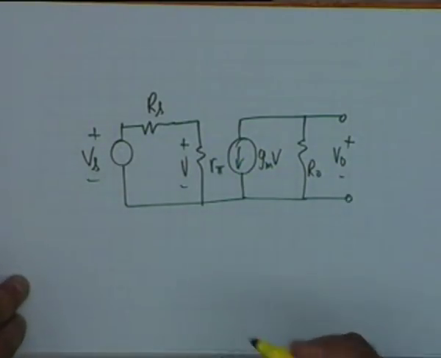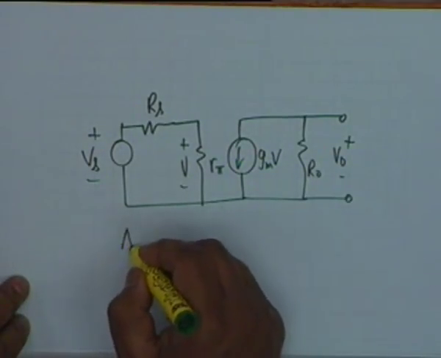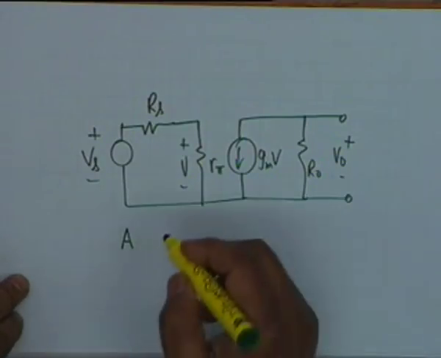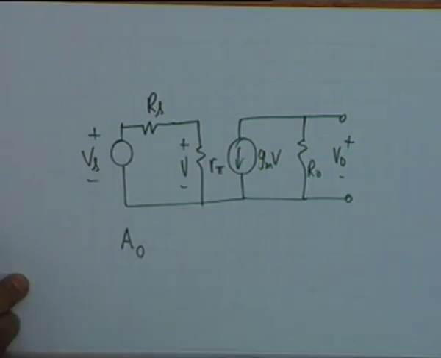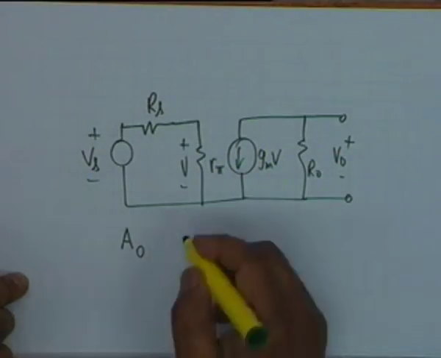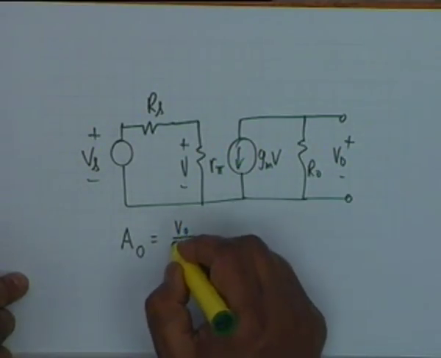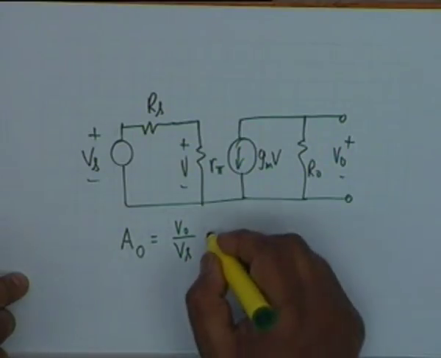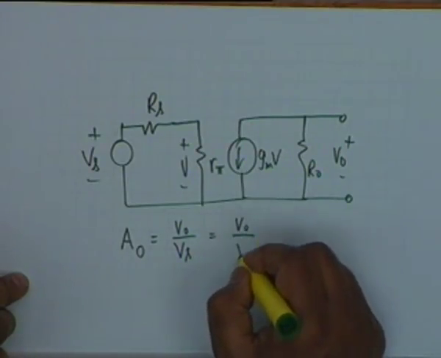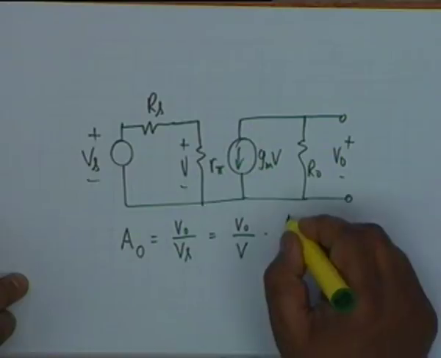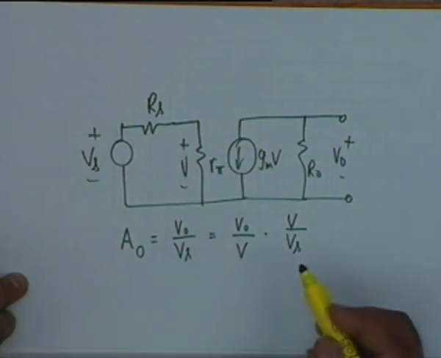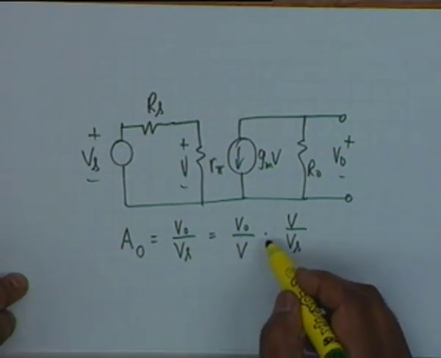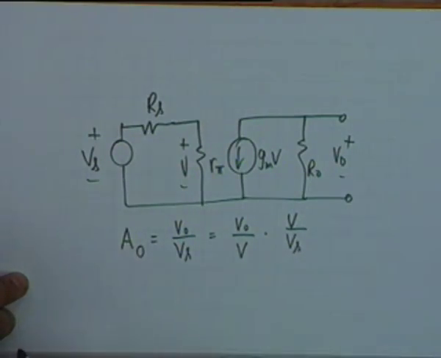And you notice that the gain A, we are calculating the mid band gain, and therefore I put a subscript 0. A0 is V0 by Vs, which I can write as V0 by V multiplied by V by Vs. Is that okay? V0 by Vs I have written as V0 by V multiplied by V by Vs.